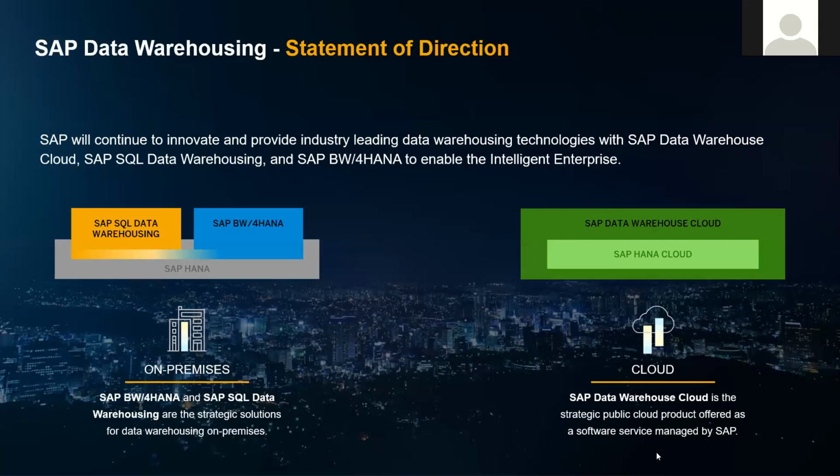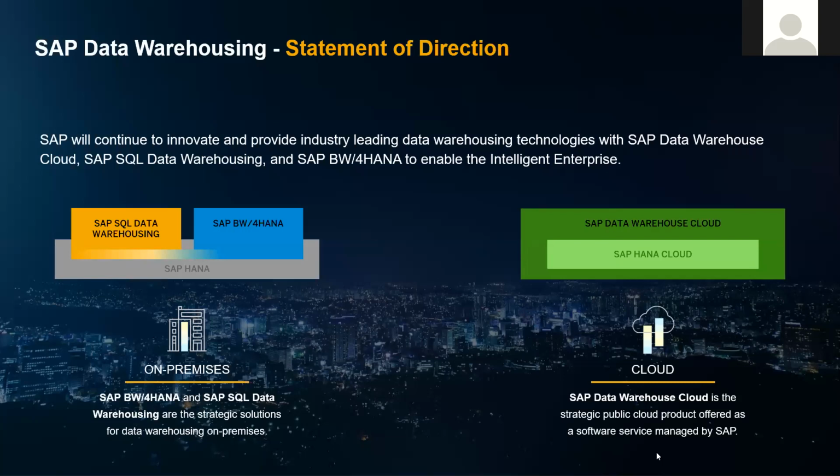And now recently, we have introduced a data warehouse as a service, which is called SAP Data Warehouse Cloud. What SAP Data Warehouse Cloud does is cater for the need to have a faster time to start in terms of your data warehousing.